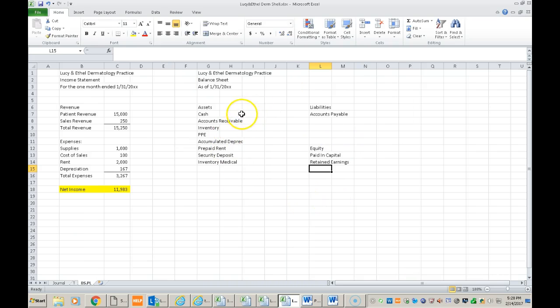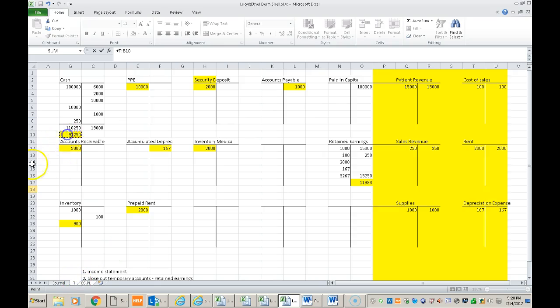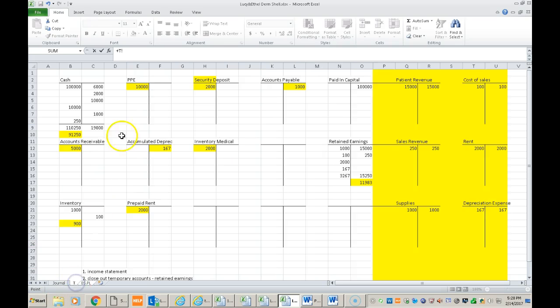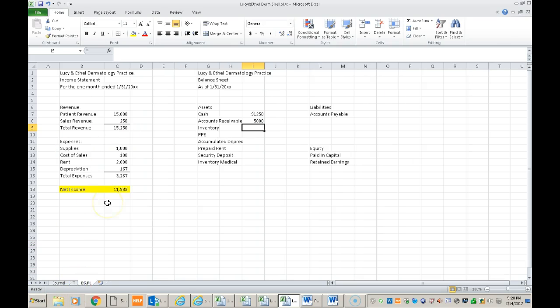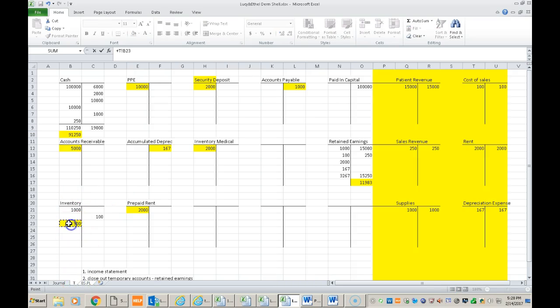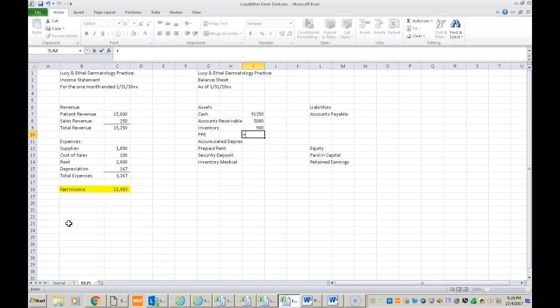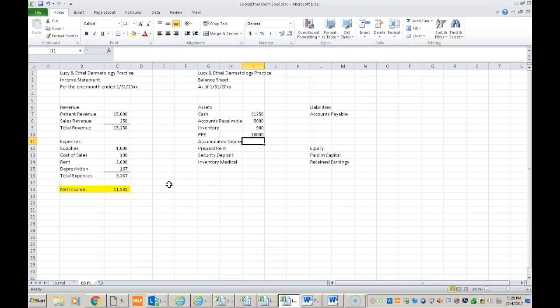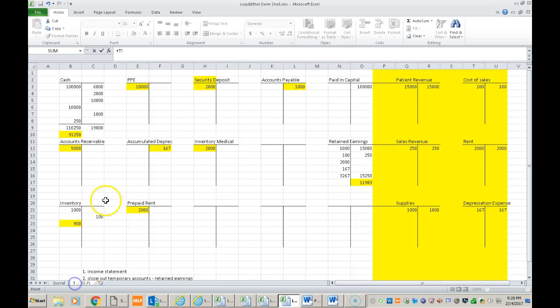So we'll fill in our numbers now, right? So cash, our cash balance is 91,250. Our accounts receivable balance is 5,000. Our inventory at the end of the period is 900. Our PP&E is 10,000. Our accumulated depreciation, so this is 167.